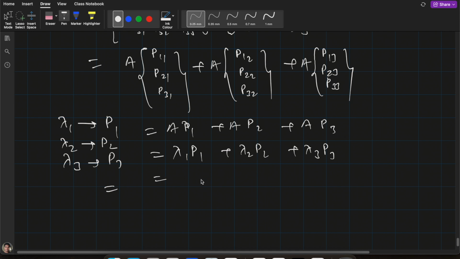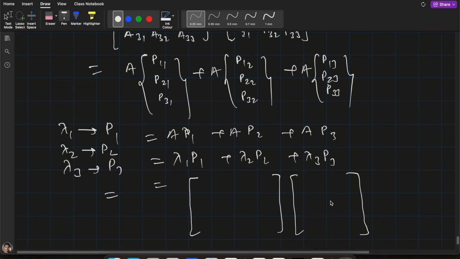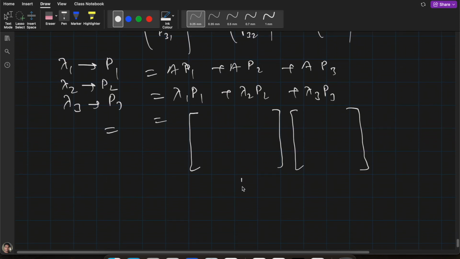Now after arranging, you will get nothing but what? Tell me. PD. This one is P1, this one is P2, this one is P3, and this one is lambda 1 0 0, 0 lambda 2 0, 0 0 lambda 3.